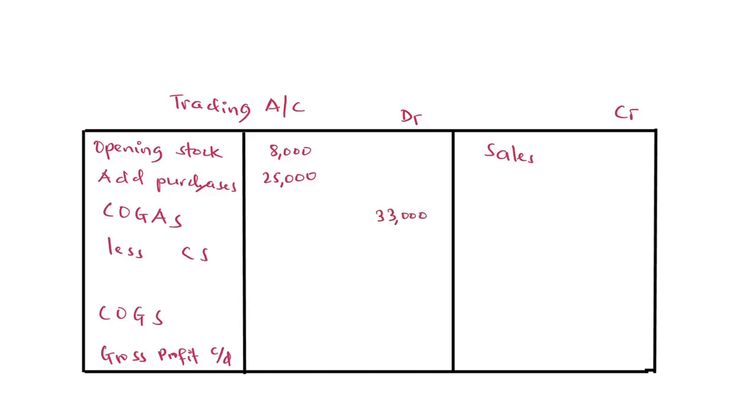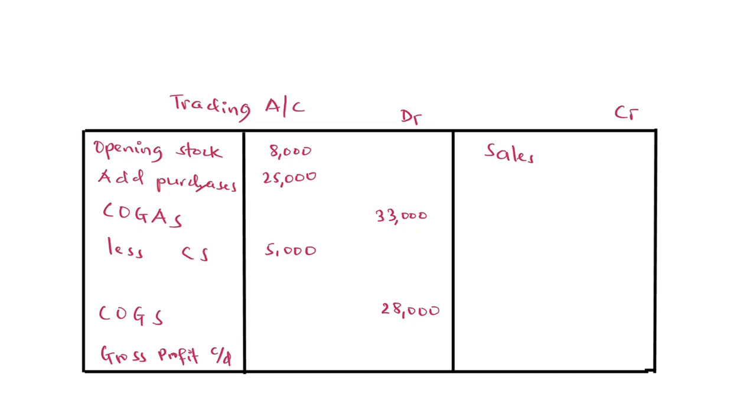Then next we are going to less closing stock, which have been given as 5,000. After calculating the values, we are going to get cost of goods sold, which equals to 28,000.